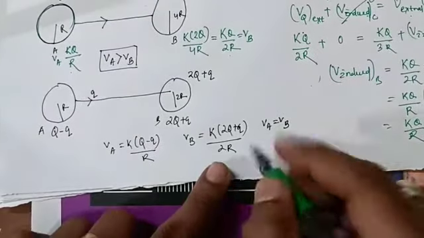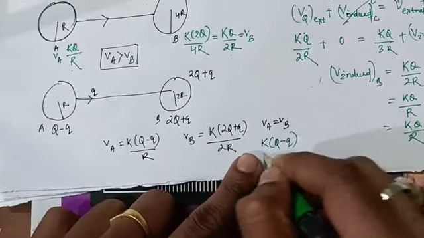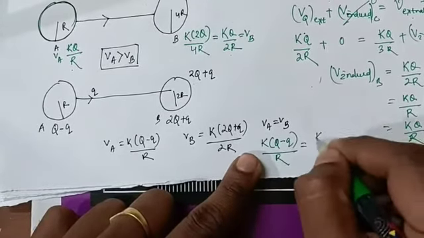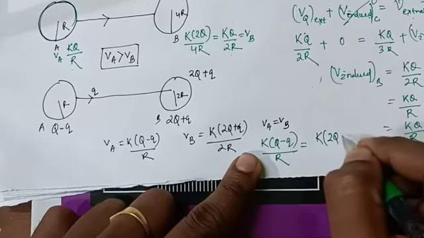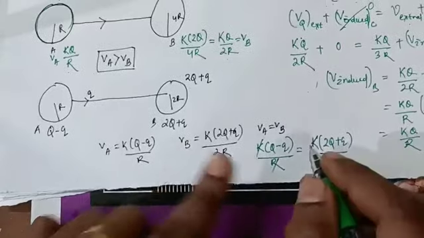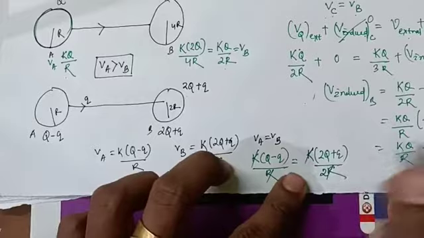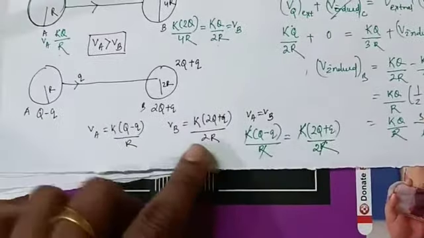I will make it equal: k (Q minus q) upon r equals k (2Q plus q) upon 2r, and k and r cancel out. Sorry, the radius is 2r, so r cancels out. Let's solve it.